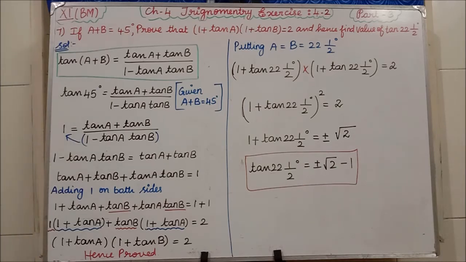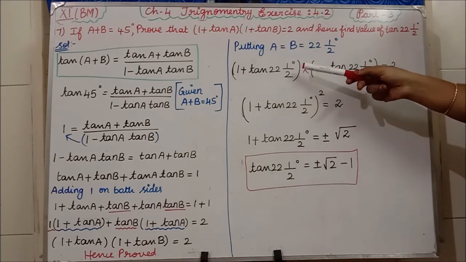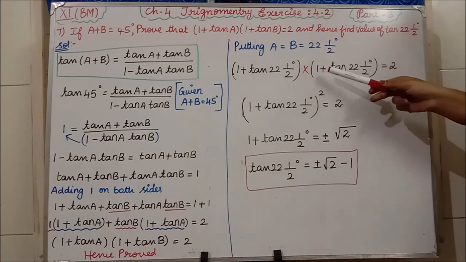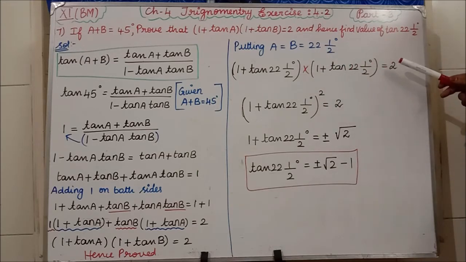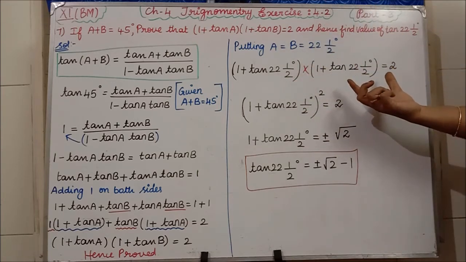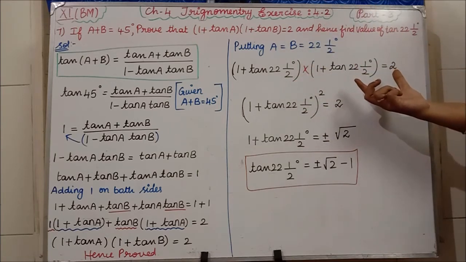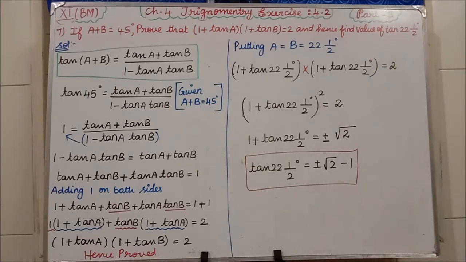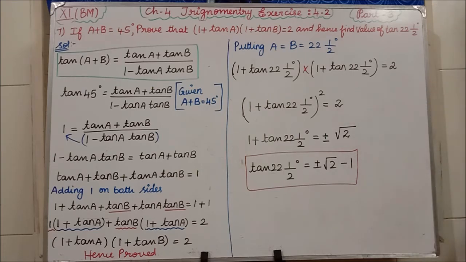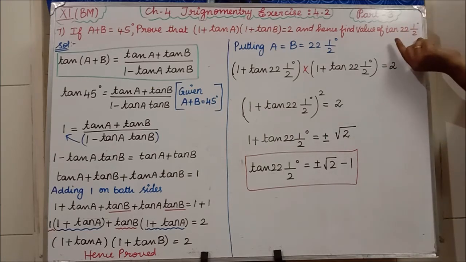So putting A equal to B equal to 22.5 degree, I have written 1 plus tan 22.5 degree into, because it is a multiplication, 1 plus tan 22.5 degree is equal to 2. Here also 1 plus tan 22.5 degree, here also 1 plus tan 22.5 degree. If you multiply both, we will get the whole square, isn't it, is equal to 2.